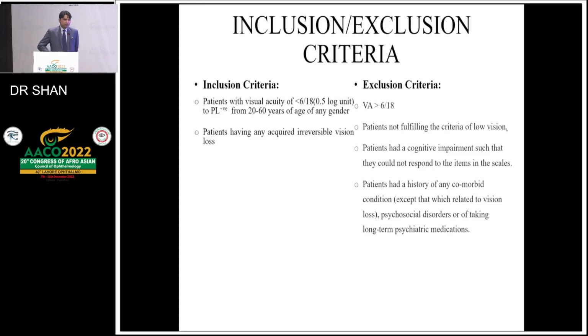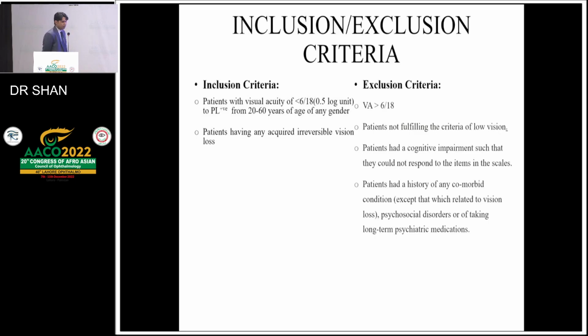Inclusion and exclusion criteria: we included the patients with visual acuity less than 6/18 to PL positive, perception of light, from 20 to 60 years of age, of any gender, patients having any acquired irreversible vision loss.